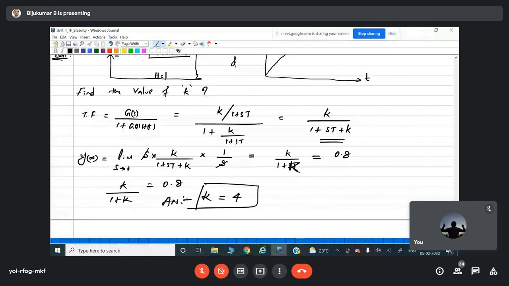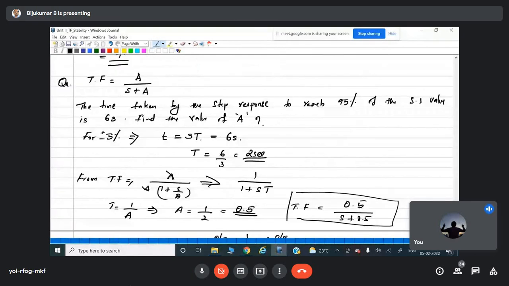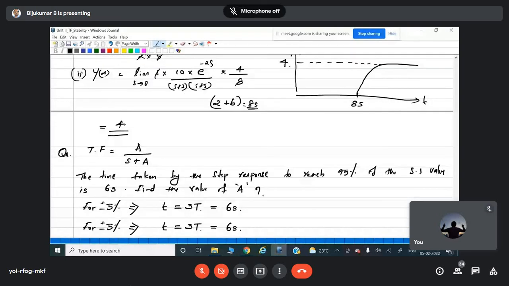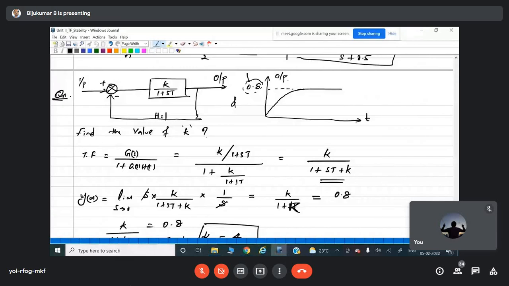Clear? Yes, sir. You can take it as a step input. Since the magnitude is 0.8, you had a doubt whether it is a unit step input or some other magnitude. Generally you can take the input as a step input.